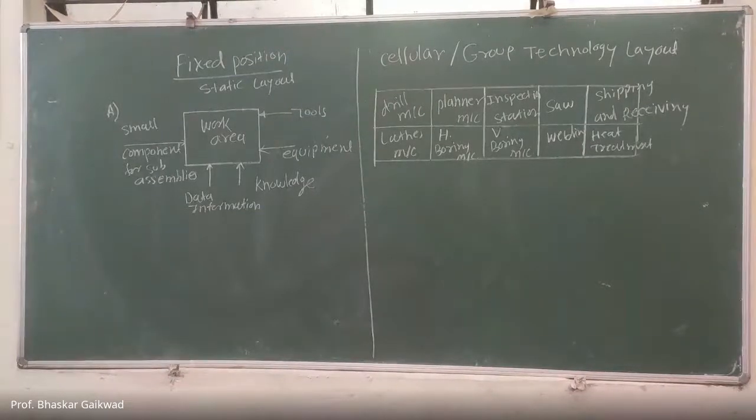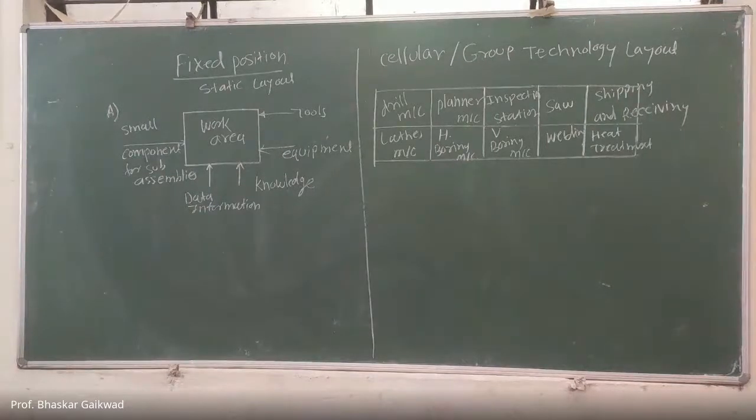Inspection station is only one station where the component will get inspected. Then saws, all types of saws, maybe cutter saw, slitting saw, band saw, hacksaw, should be at one place. Welding, all types of welding, maybe arc welding, seam welding, TIG, MIG welding, thermite welding, laser welding, should be at one place.